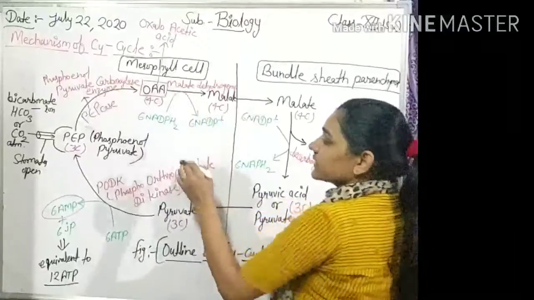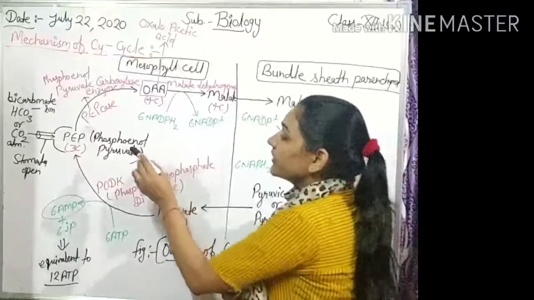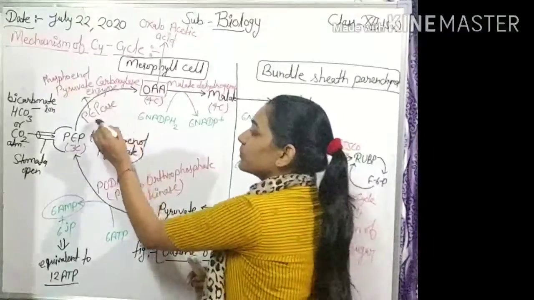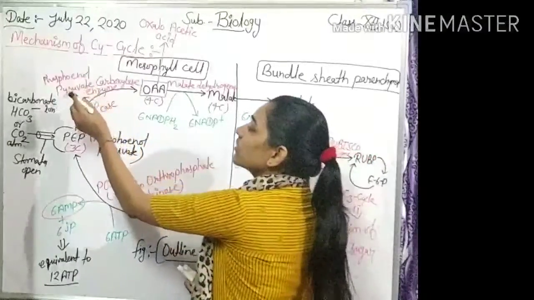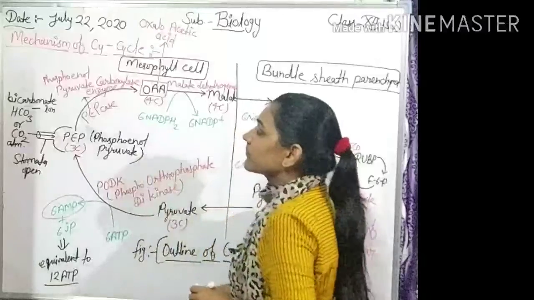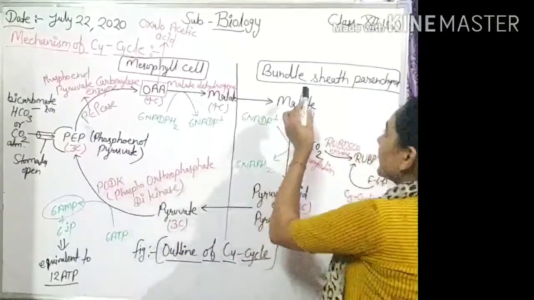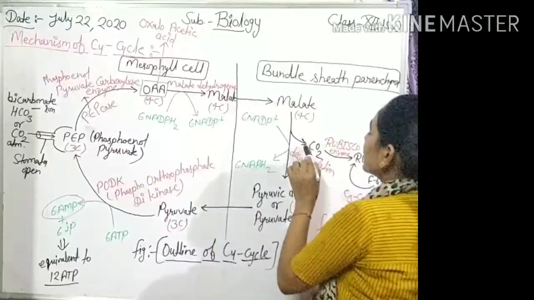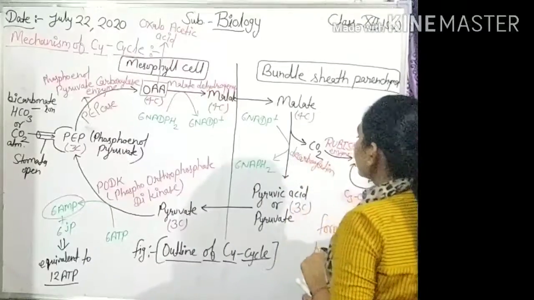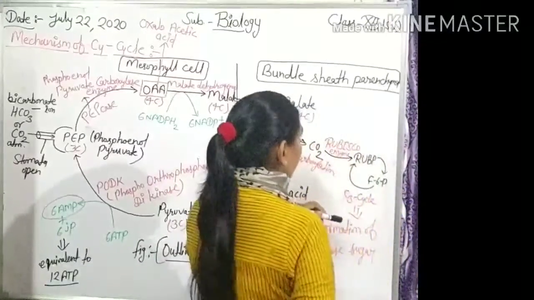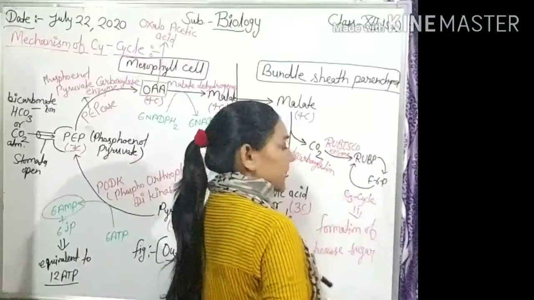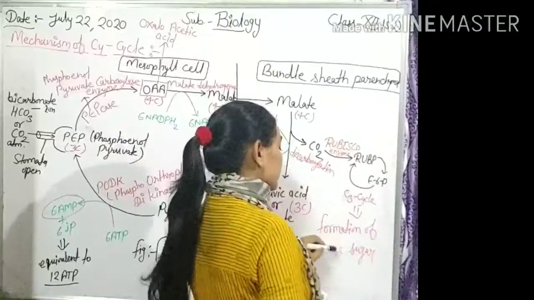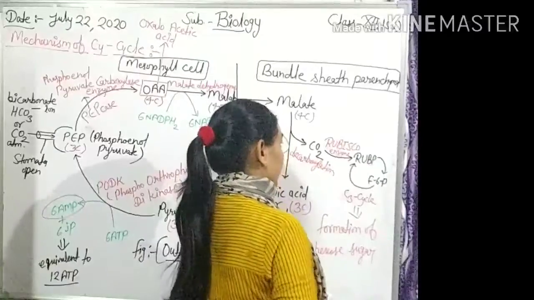In mesophyll cells, CO2 fixation is by PEPcase, or phosphoenol pyruvate carboxylase enzyme, and in bundle sheath cells CO2 fixation is by Rubisco enzyme. We start the C3 cycle for hexose sugar formation.